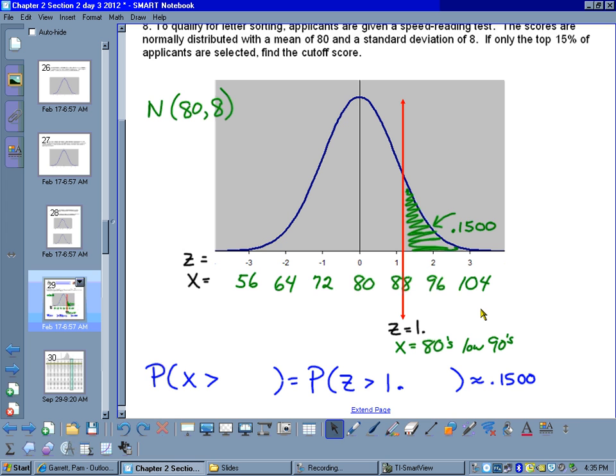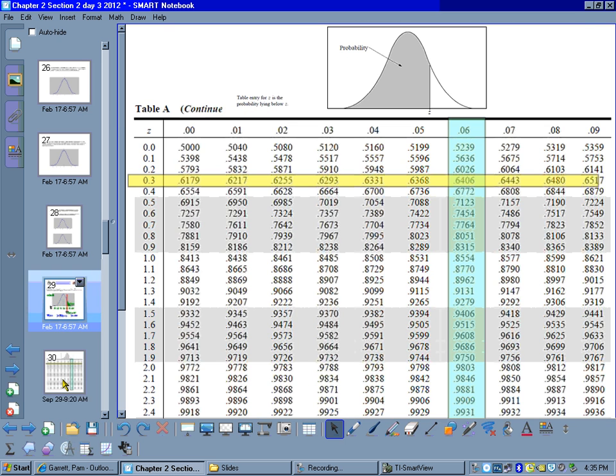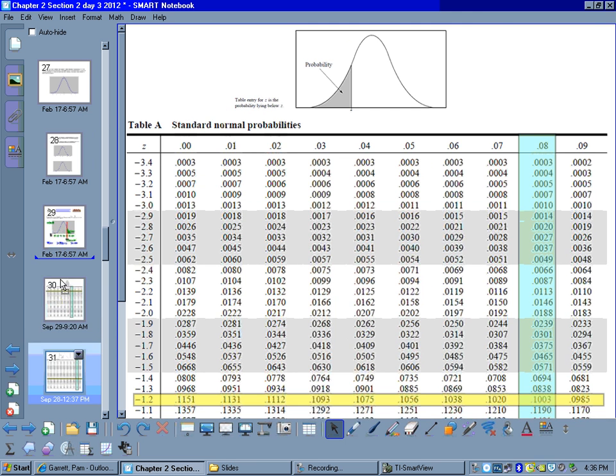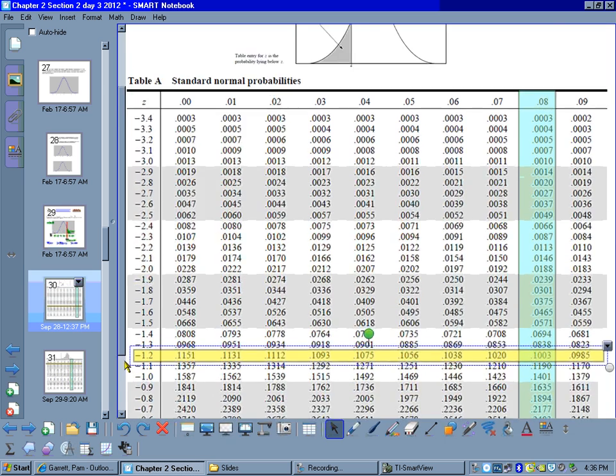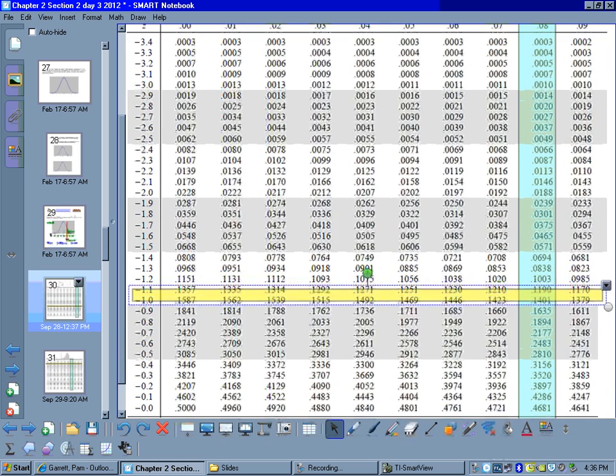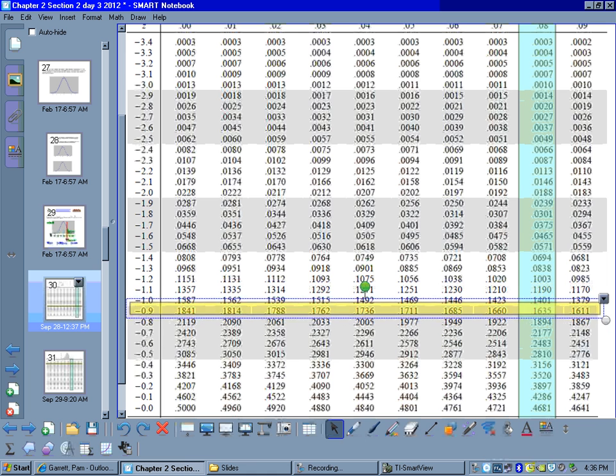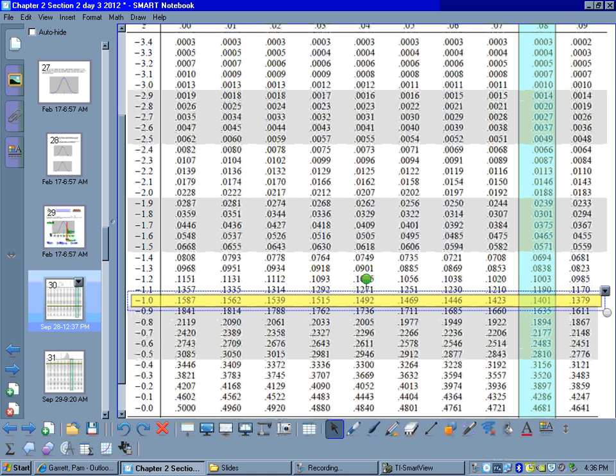Okay, I'm now going to need to go to my table and look up 15%. So this is the front of the table. I need the back of the table to find 0.1500, as close as I can get. Over or under, it doesn't quite matter. And I'm looking right here.